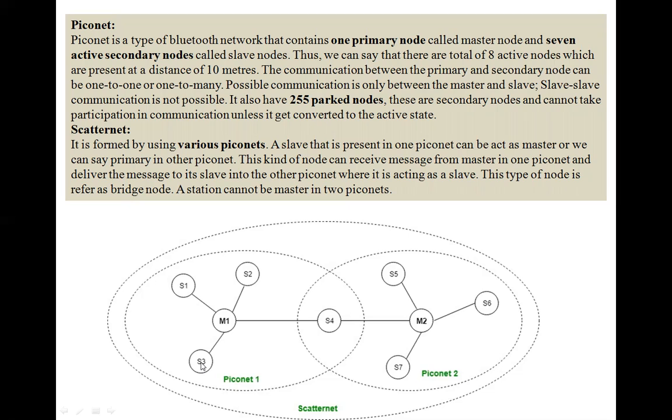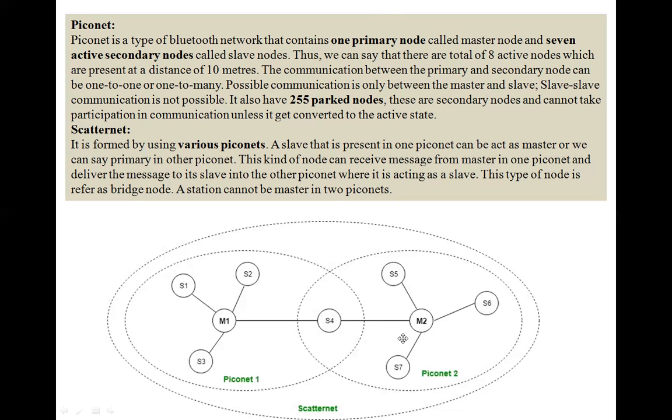But if you look, the S4 node is shared between Piconet 1 and Piconet 2. In Piconet 2, you can find M2 as another master, and it has nodes like S4, S5, S6, and S7. So both piconets together are called a scatternet.